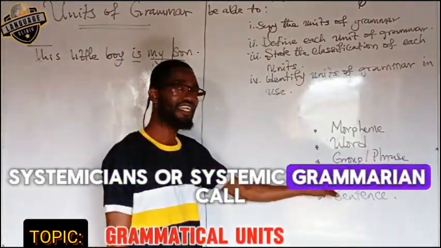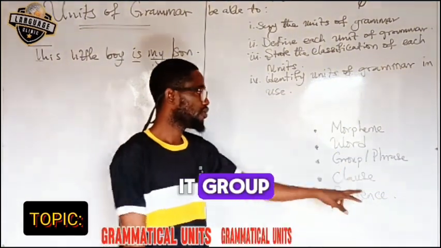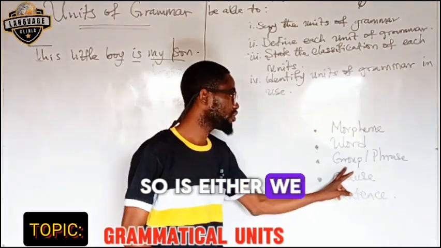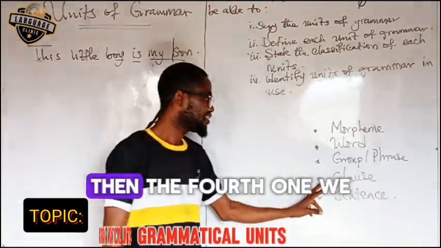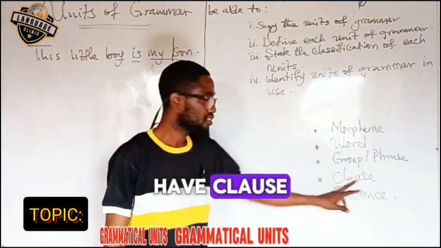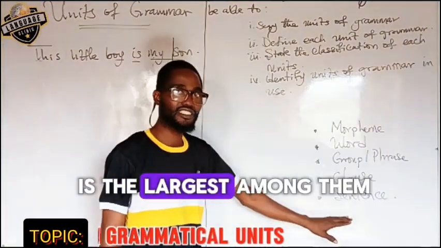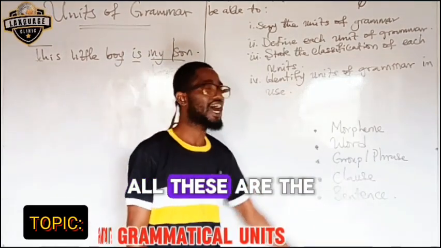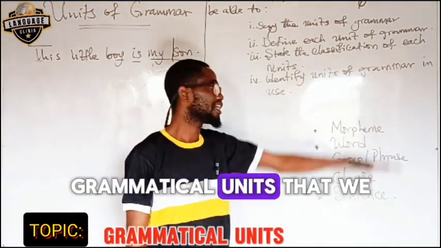Systemic grammarians call it group, while the traditional grammarians call it phrase. Then the fourth one, we have clause. Then the fifth, which is the largest among them, the sentence. All these are the grammatical units that we have in the English language.